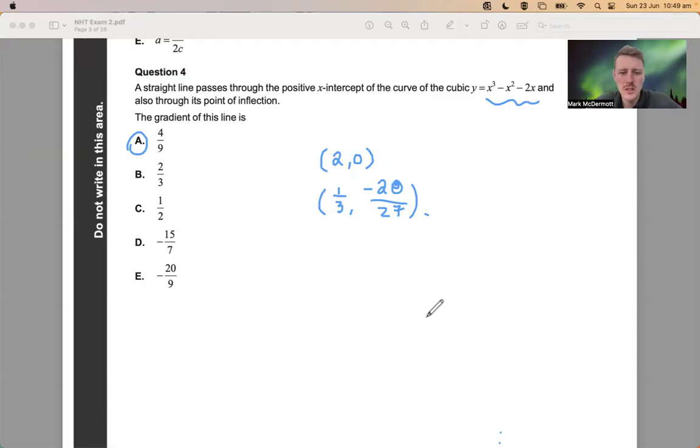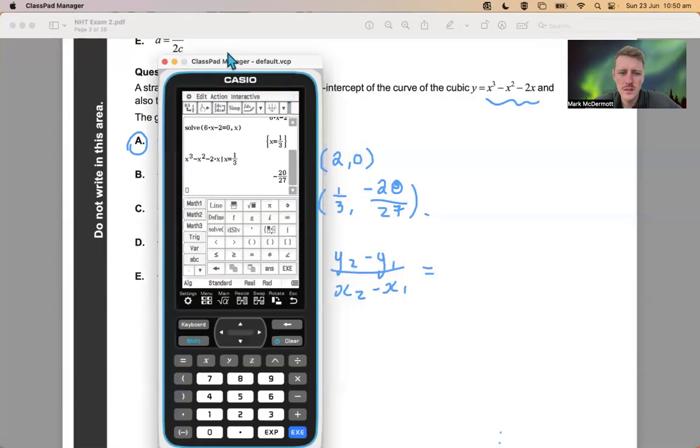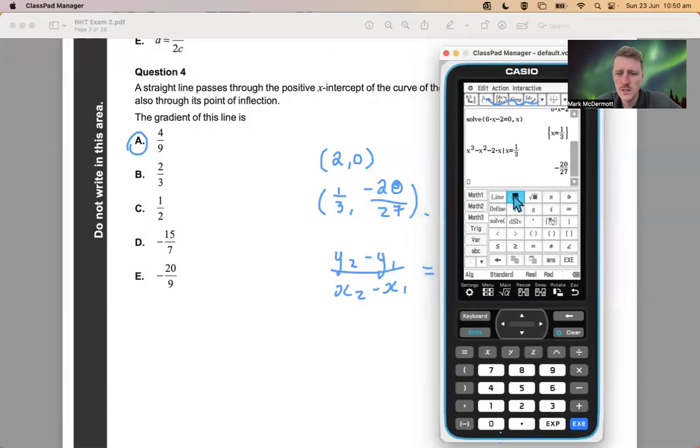Okay, and then basically you just need to do y2 minus y1 over x2 minus x1. Let's do that on the calculator because that would be a better idea. You get your fraction out. Y2 minus y1, so negative 20 on 27 minus 0, over 1/3 minus 0.